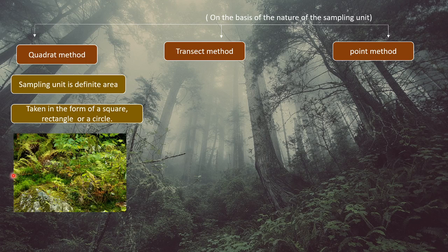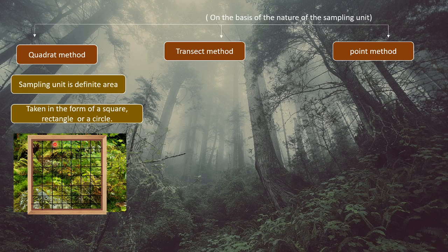So for example, this is a forest floor, the floor part of the forest, and if I want to study this with Quadrat method, what I do is keep a quadrat over this. This is a quadrat, and this is a square quadrat. As you can see, there are many small squares present. So I will calculate the number of species in each of these square areas, and on this basis I can get the character of the community.